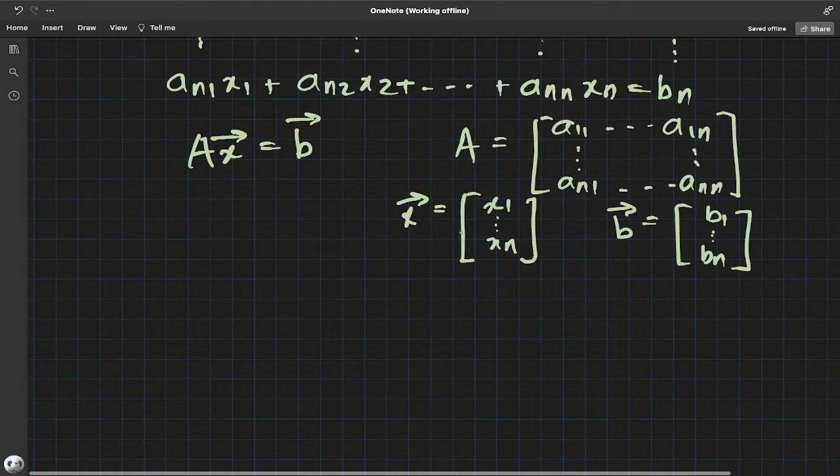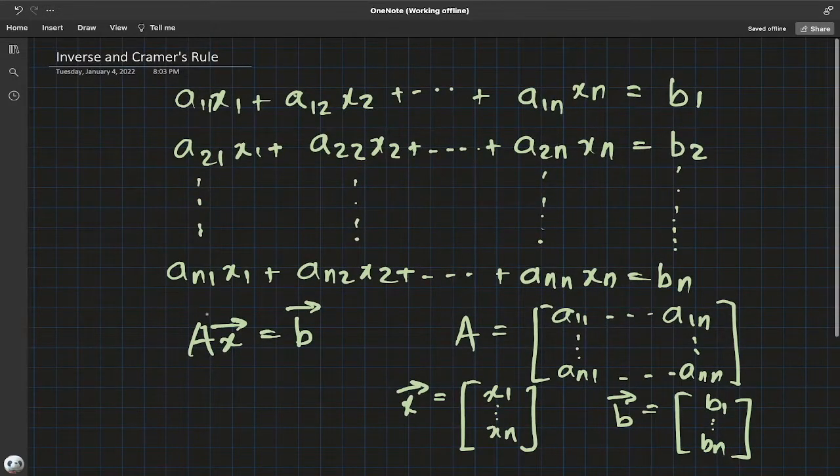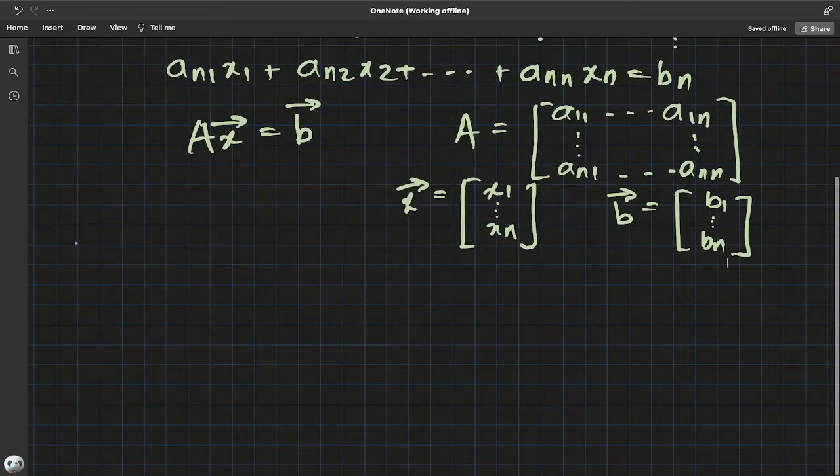And the way matrix multiplication works, if you do the multiplication for b1, you'll get exactly the first equation. So this is a way of equation keeping, writing them as one system.